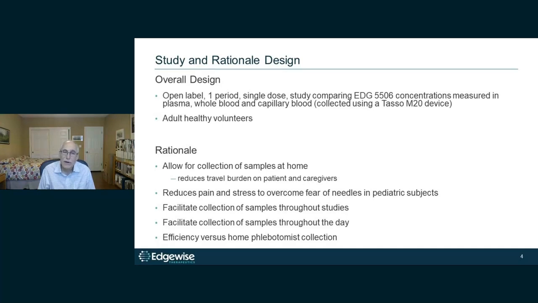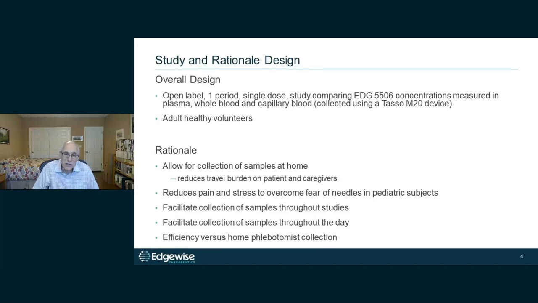Some of these boys are very, very sensitive or adverse to traditional needle sticks, and we've had a number of patients refuse to enter a clinical trial because of that fear. And so switching to this alternate way of collecting the samples may allow those boys to overcome their fear and allow them to participate in the trials.